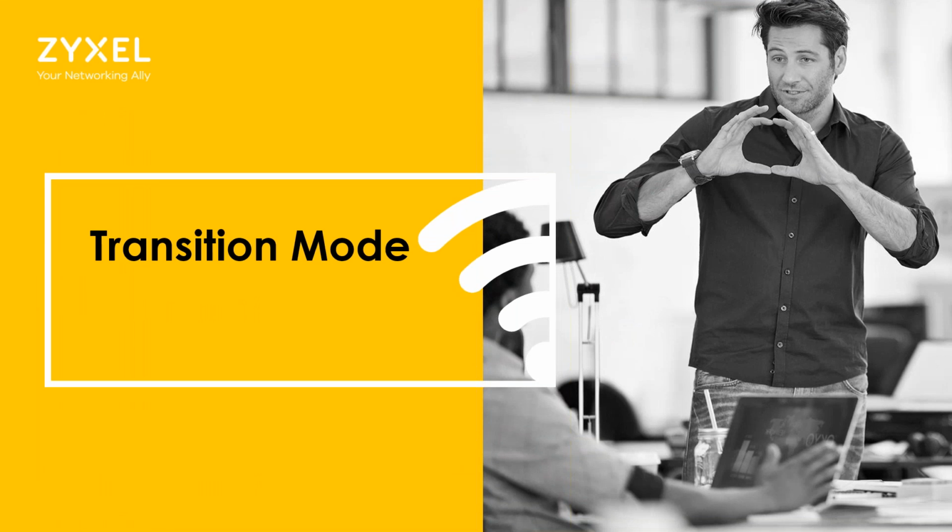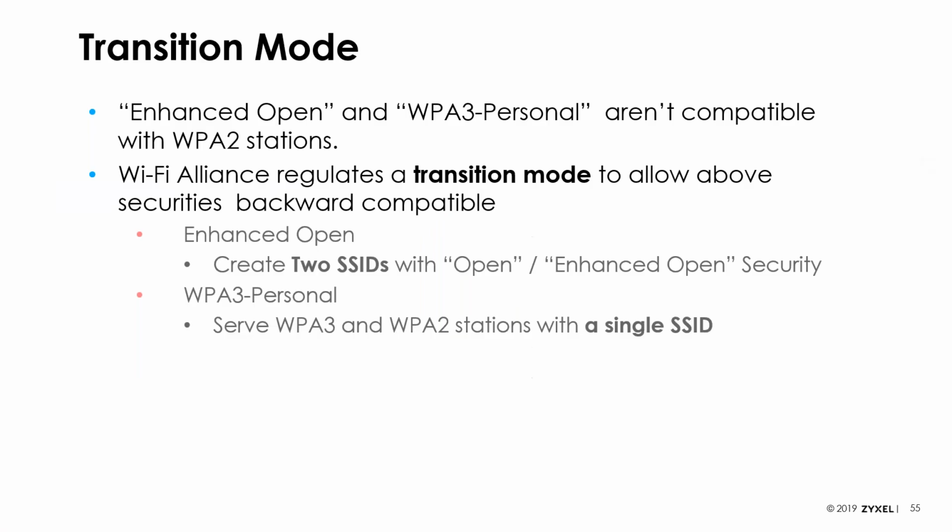Then, since WPA2 and 3 are not compatible with each other, as standard WPA2 clients could not support WPA3 encryption, the Wi-Fi Alliance demands that we introduce something called a transition mode.